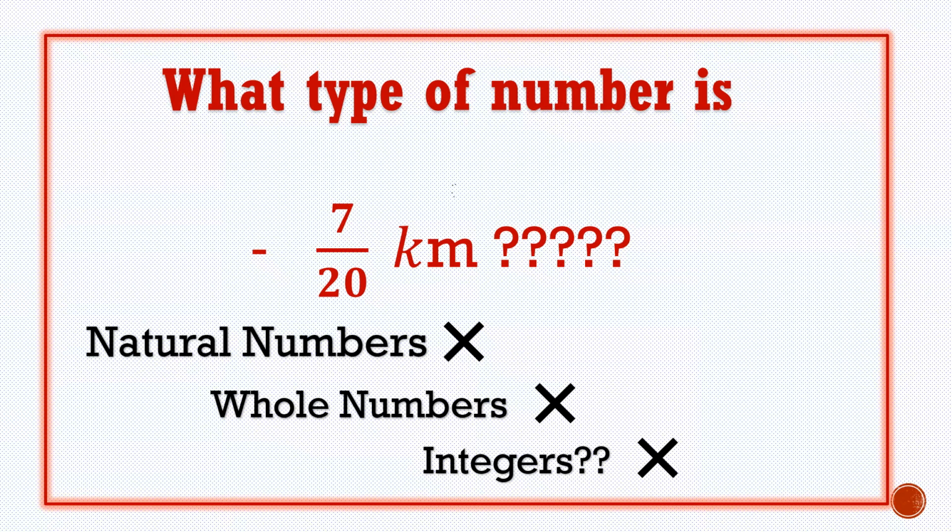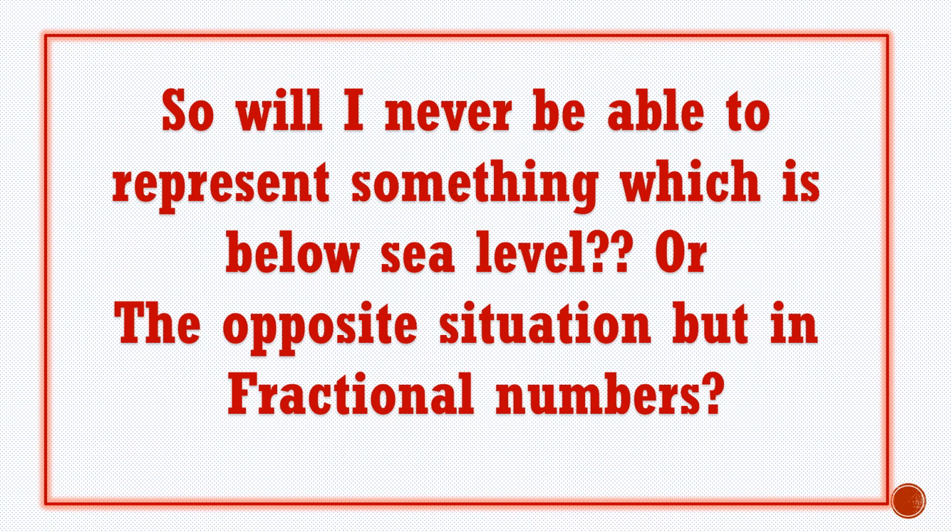So this question arises in the minds of our mathematicians. They thought that if ever they have to represent something which is below sea level, or below the ground level, or the opposite situation, but an opposite situation which is in fractional numbers.